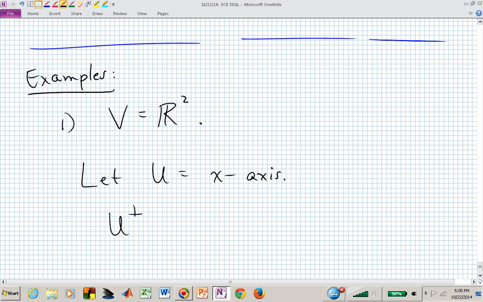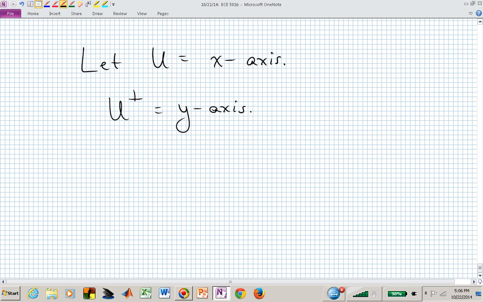That's the y-axis, because we need everything in U perp to be orthogonal to everything in U. And I hope then that it's clear that we can span or produce the vector space V by the direct sum decomposition of U with U perp.